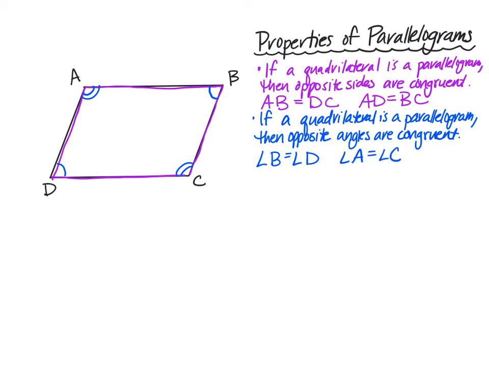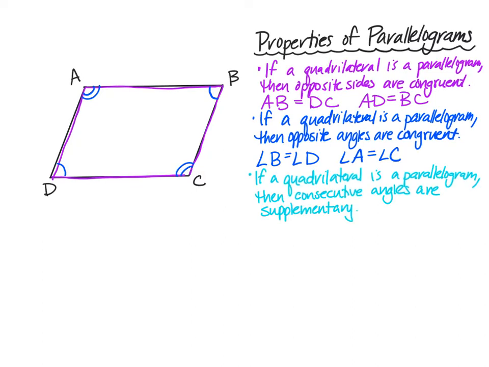The next property of parallelograms is that if a quadrilateral is a parallelogram, then consecutive angles are supplementary. Consecutive angles are angles that are side by side. So angles D and C are consecutive angles, and angles A and B are consecutive angles.